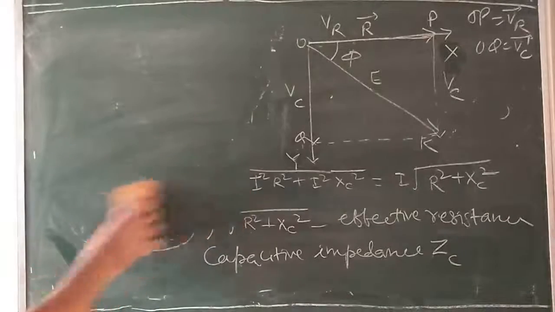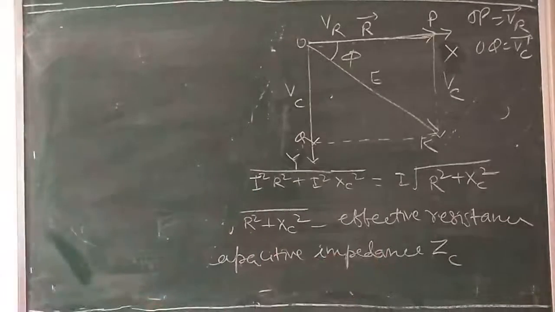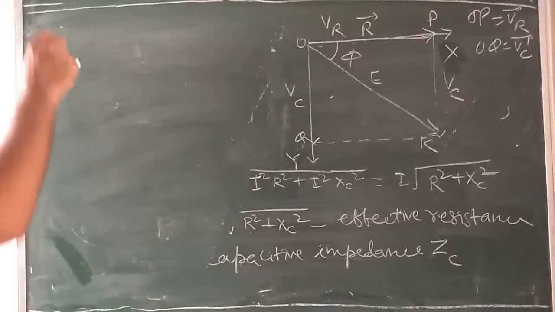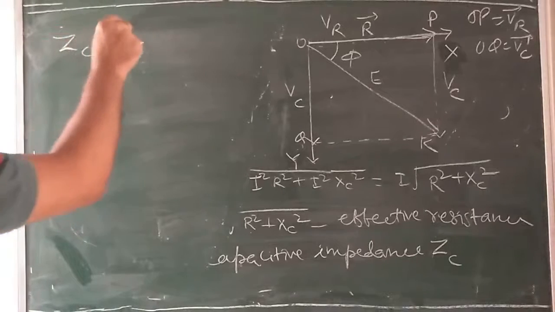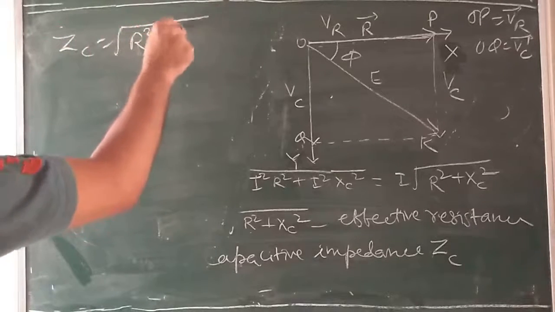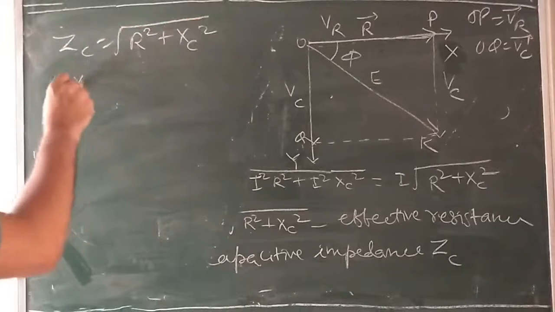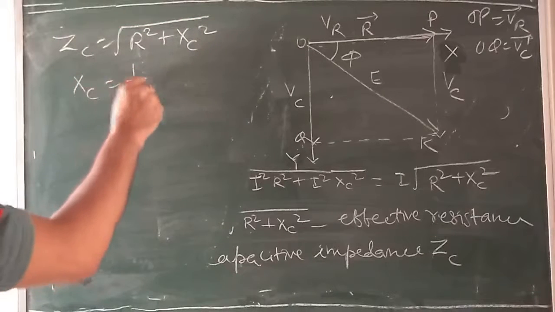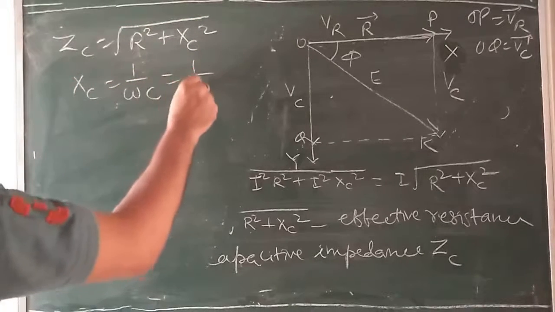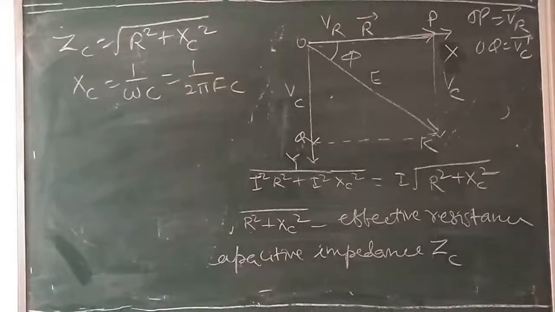So dear children, this is a phasor diagram and this is the impedance here. So I can write ZC is equal to under root of R square plus XC square. We know the value of XC is equal to 1 by omega C, or I can write 1 by 2 pi FC. So this is called the impedance of the circuit.